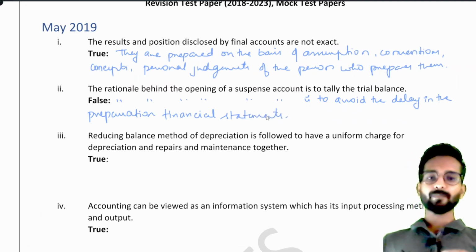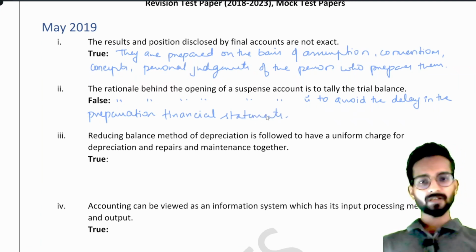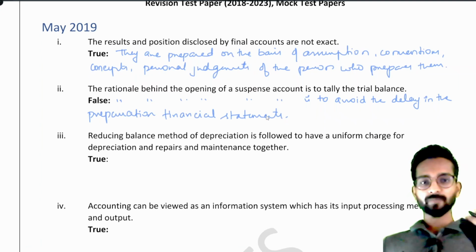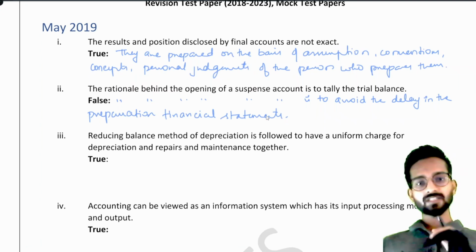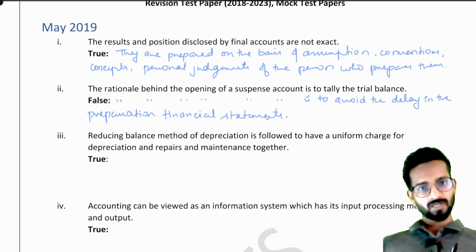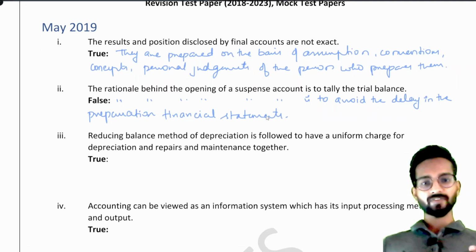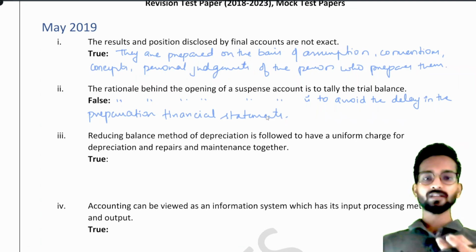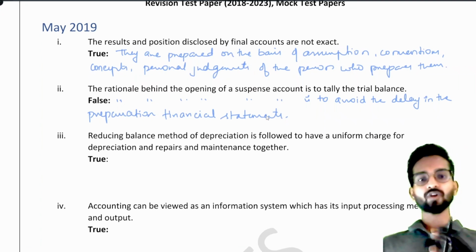See, understand, the company prepares the trial balance. After that they prepare trading P&L and balance sheet. If the trial balance does not tally, they will not be able to prepare the final accounts. That's why just for some temporary period of time, they will tally their trial balance and put the suspense account. Understood? As soon as they prepare the financial statement, they give one unaudited statement, or you can say just one temporary statement, so that the users, the owners will know, okay, these are the problems and this is the overall picture.